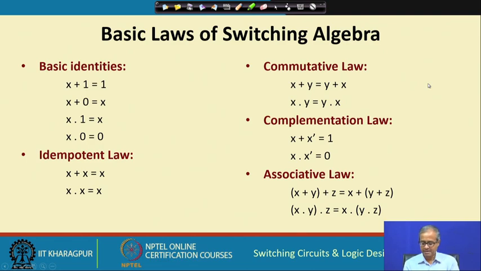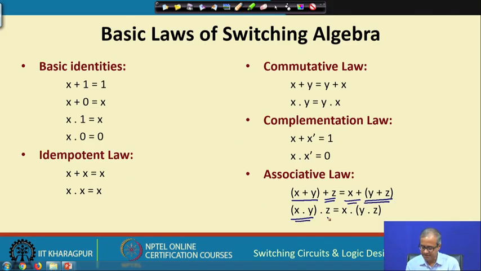And lastly, associative. Associative says that when you have more than 2 variables and you want to carry out OR or AND, it does not matter in which order you do the OR and AND. For example, you can either take x OR y first and then OR it with z, or you can do y OR z first and then OR it with x.